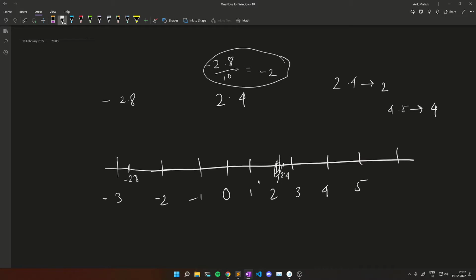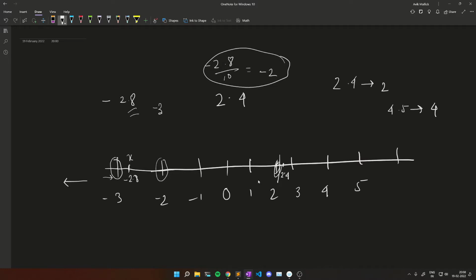If we give minus 2, this is exceeding x, and we cannot give it. Instead our answer will be minus 3, because on this side the more we go left our value becomes lesser. So this is the highest value which is not exceeding x. So for minus 2.8 the answer is minus 3.